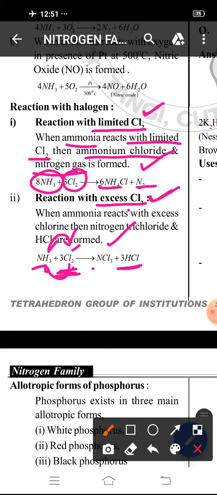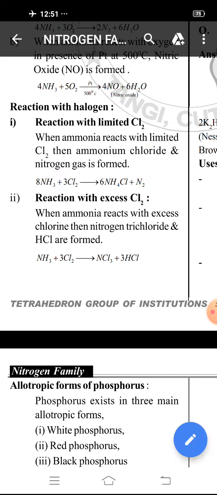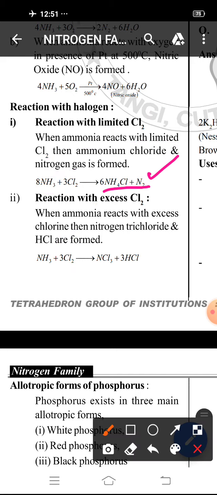So there is a reaction difference when limited and excess chlorine is taken. Limited chlorine gives ammonium chloride and nitrogen. Excess chlorine gives NCl3 and HCl. So this is the reaction of ammonia with halogen.